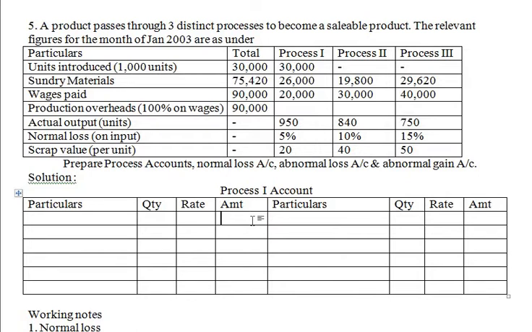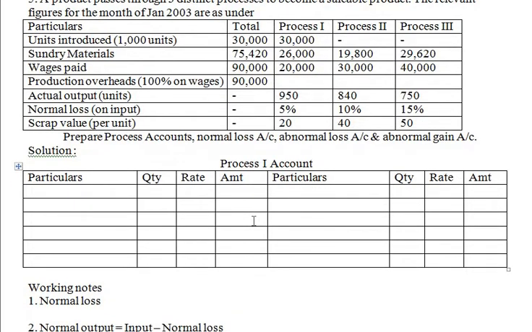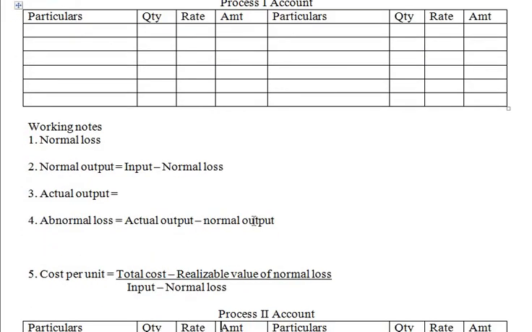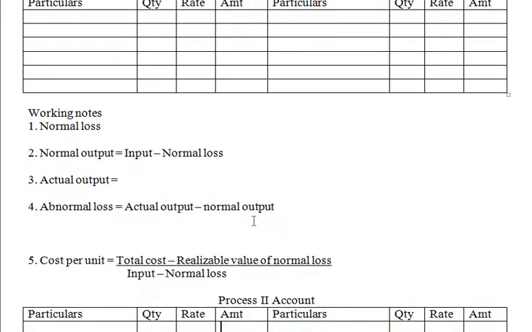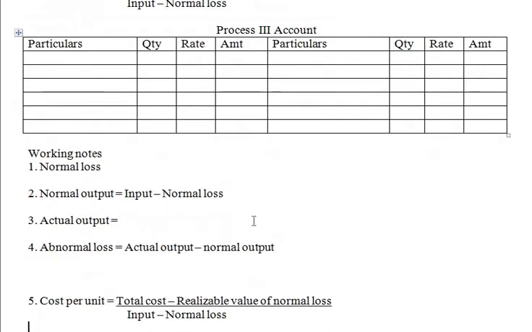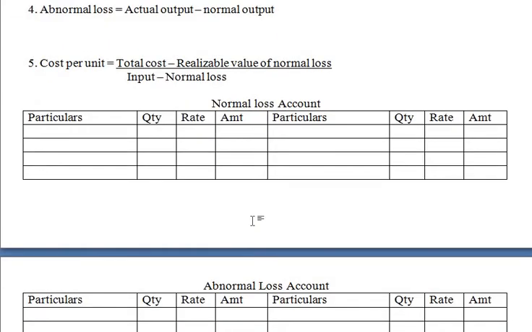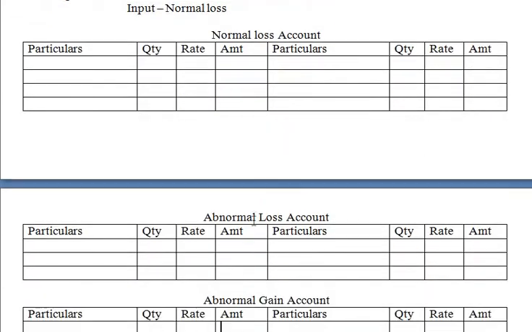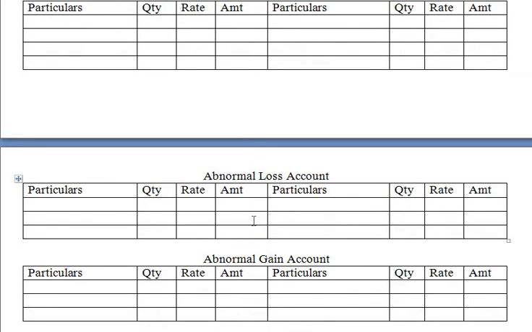Okay, so what we are going to do is, for each process you can leave around 7 to 8 lines and then some lines for working notes. Like this process 1, 2, 3 we have done, and then I have prepared normal loss account, abnormal loss account and abnormal gain account, so that simultaneously we can prepare these accounts as well.